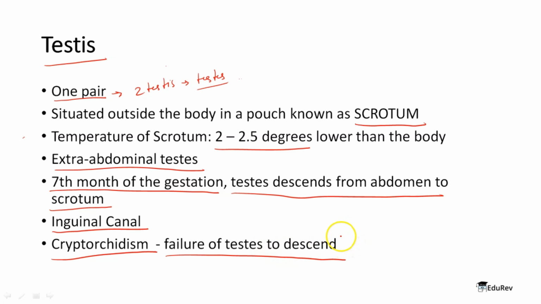Why is the male infertile or sterile? Because testes don't get the appropriate temperature to undergo spermatogenesis. That means that they are not able to form the sperms, right?